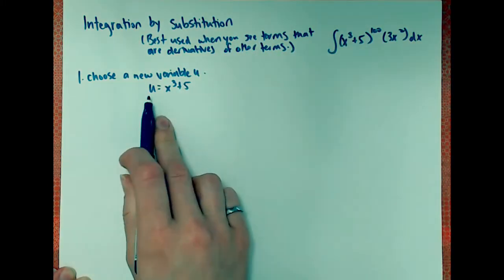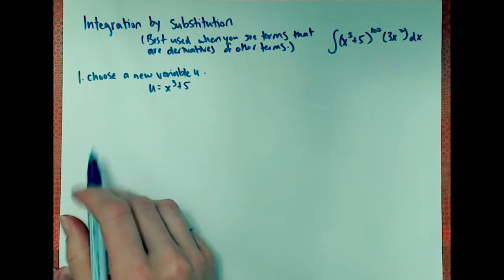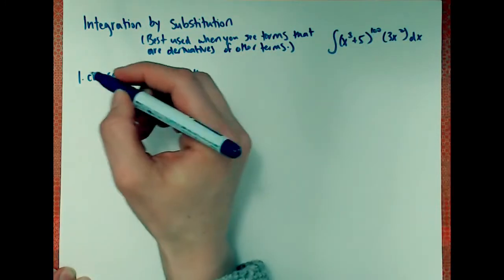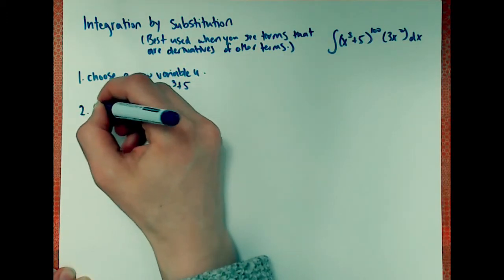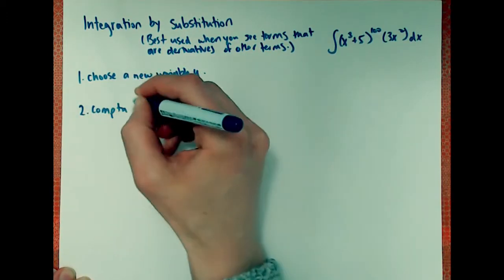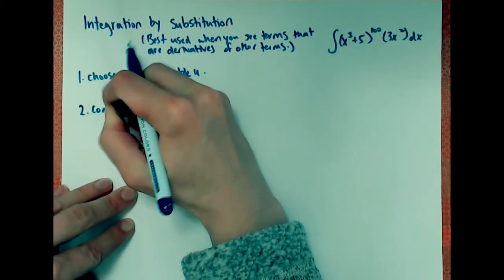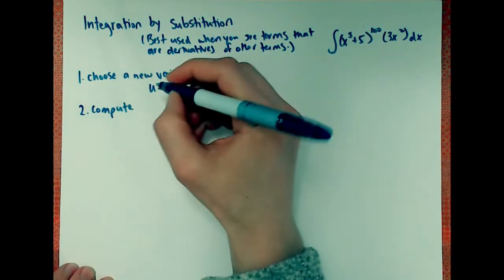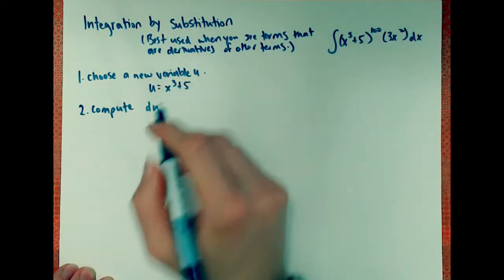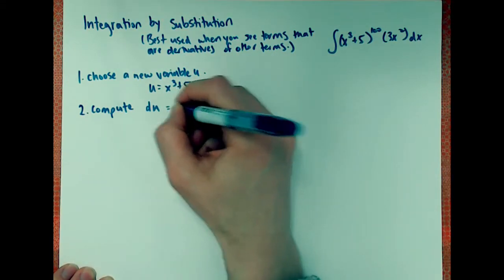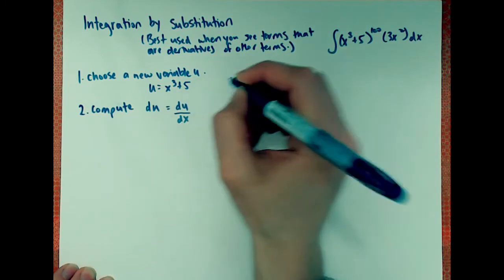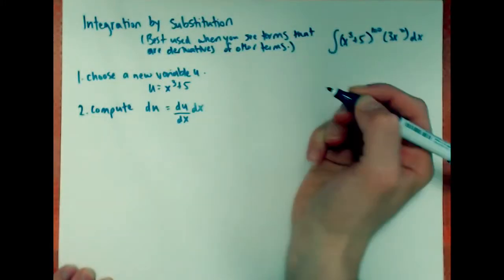Now compute the derivative of u. Here we're integrating with respect to dx. Now compute du. Now du is equal to the derivative of u with respect to dx times dx.